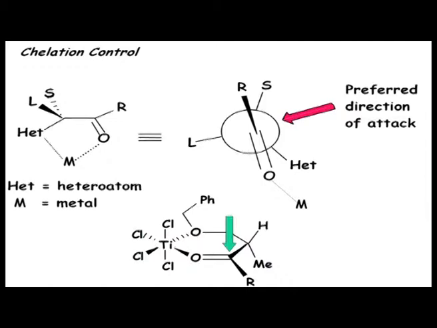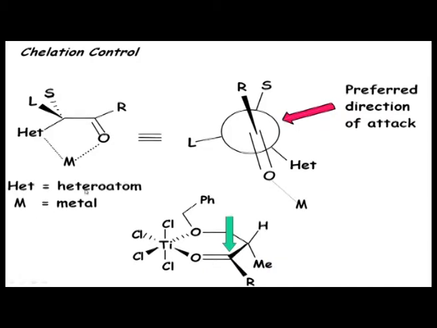Now, another situation that can happen is that in the chiral center you have a heteroatom which is in a position to form a chelate complex when the reagent approaches, because many of these reagents are metal mediated reagents like methyl lithium, butyl lithium or titanium compounds.